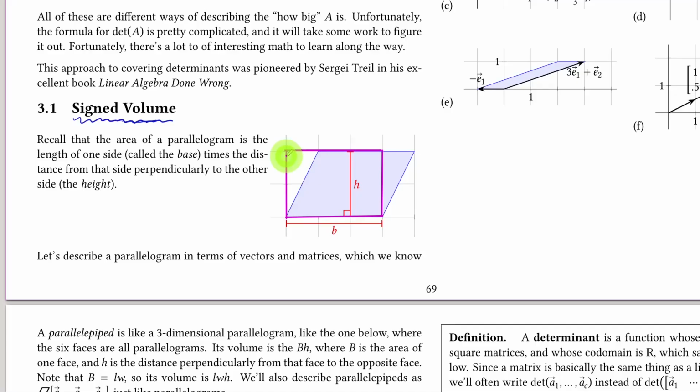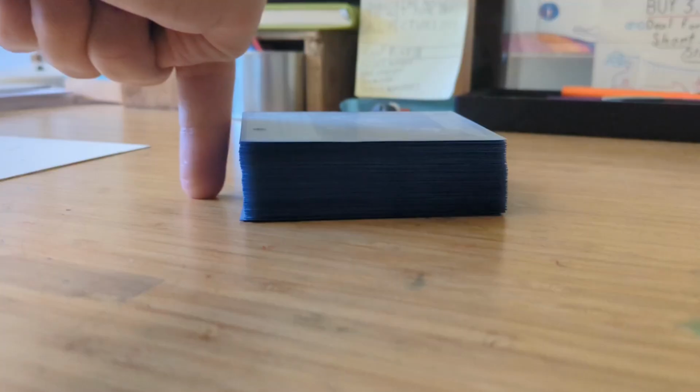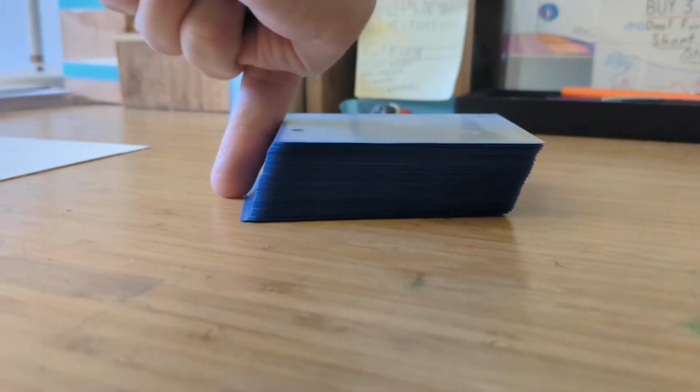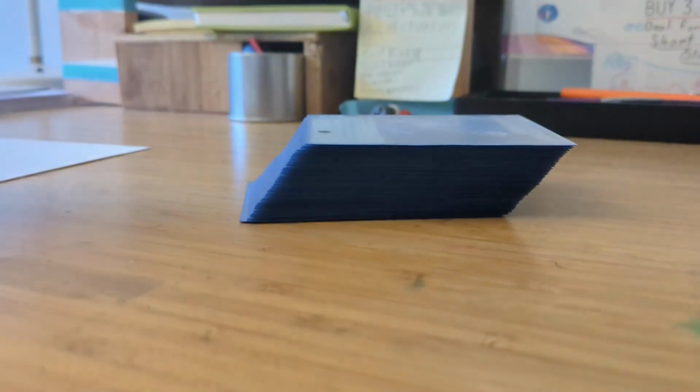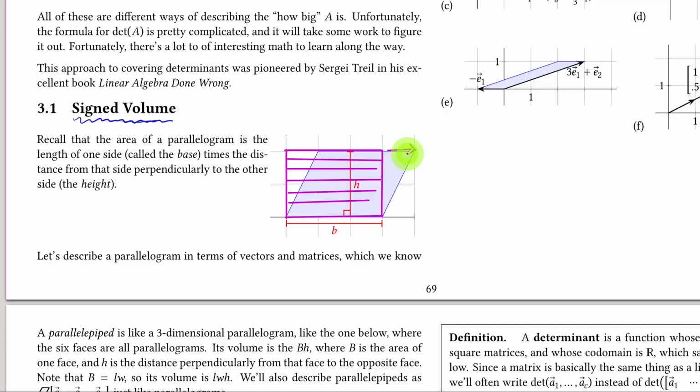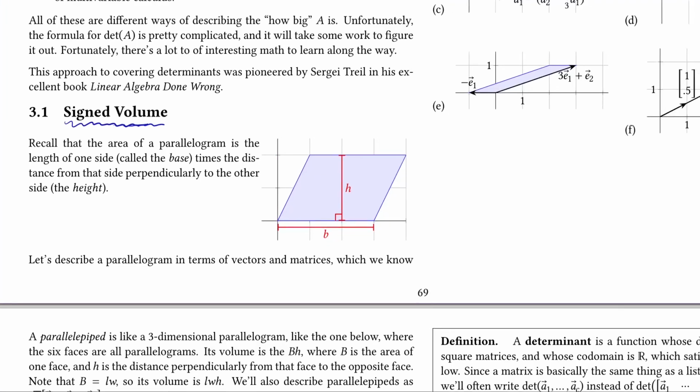You can imagine that if you had a deck of cards and you push them over in this direction, it would still be the same size deck of cards, without removing or adding any cards to it. The area of the side of it is still going to be the same. So, yeah, the area of this rectangle is the same as the area of the parallelogram.